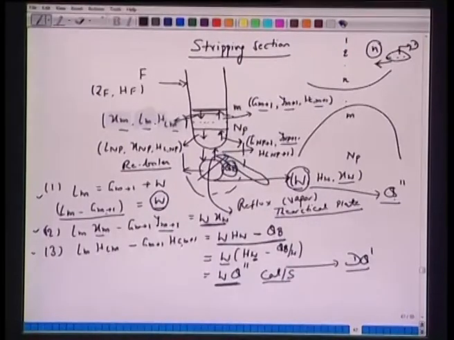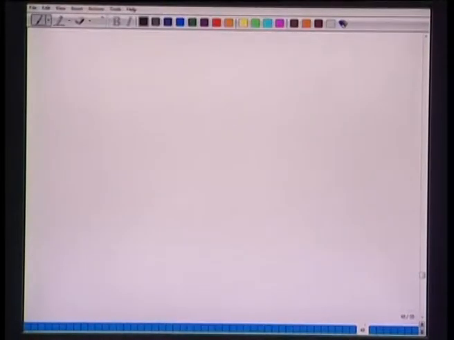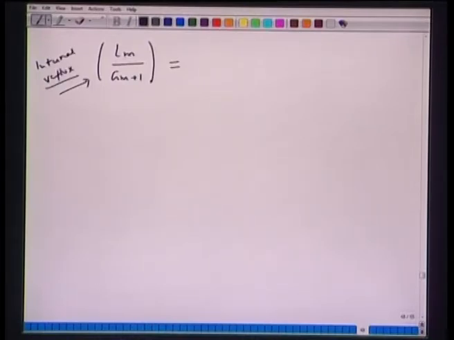So, with these three equations we can again simplify, or rearrange, to write Lm over Gm plus 1. It is the same similar expression we obtained for the top column. This would be your internal reflux, if you call it. We had external reflux R, and this is like an internal reflux: Lm, the liquid molar flow rate which trickles down, to Gm plus 1 at any location, which moves up.